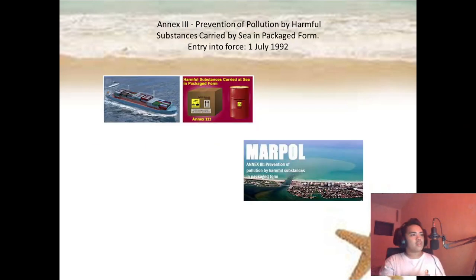So Annex 3, Prevention of Pollution by Harmful Substances Carried by Sea in Package Form. Entry into force on 1st of July 1992. So based on my understanding, in a ship there will be packaged goods.